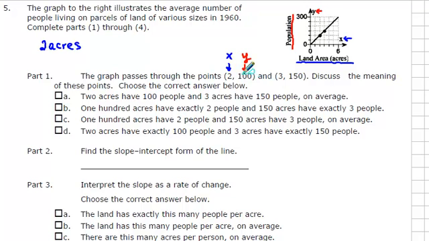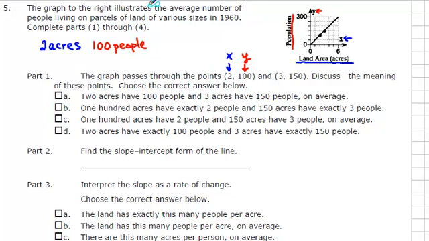So our second number 100 corresponds with 100 people. So this first ordered pair indicates that on 2 acres there are 100 people. On 2 acres there are 100 people.